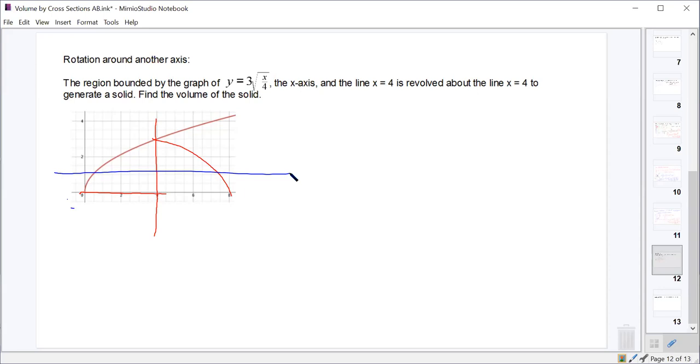If we slice it horizontally, we're going to get these discs that are very, very thin in which direction? The y direction. So these will be the thickness of dy, which means we're going to have to do every integral that we revolve around a vertical axis in terms of y.